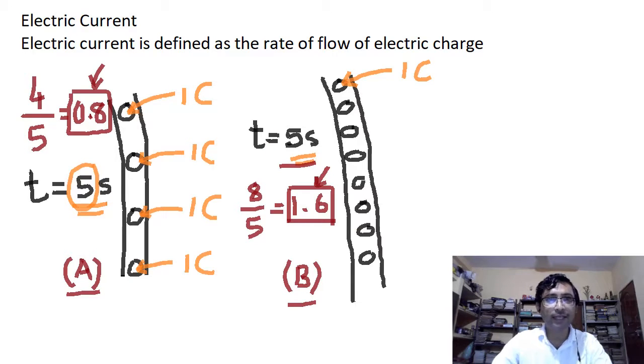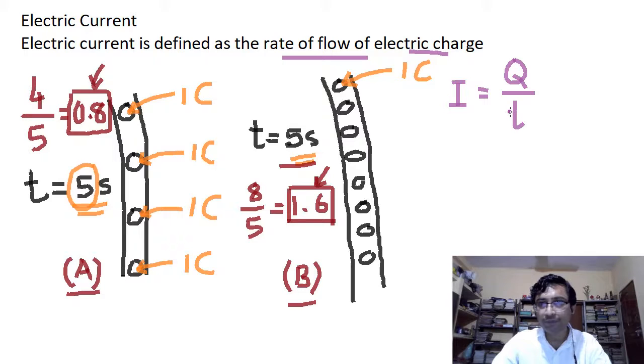We calculate electric current in the following manner. Electric current, denoted by the capital letter I, is the rate of flow of electric charge. So in the numerator we will put electric charge, and in the denominator we will put time.